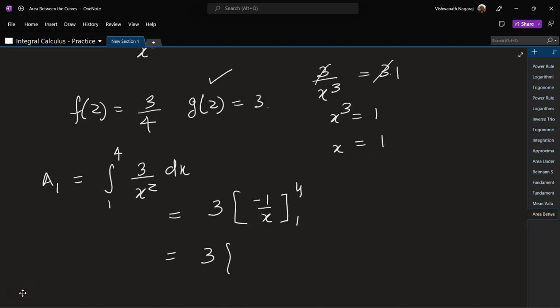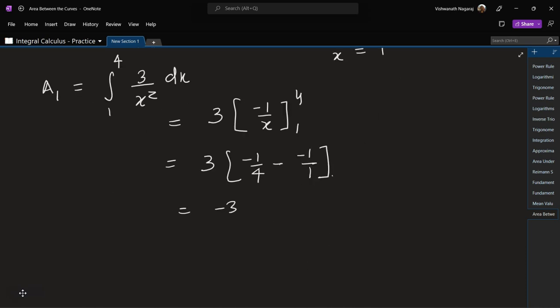Doing the substitutions, we get minus 3 by 4 minus, minus 3 by 1. This gives us minus 3 by 4 plus 3, which gives us 4 times 3 is 12, 12 minus 3 is 9, so 9 by 4.